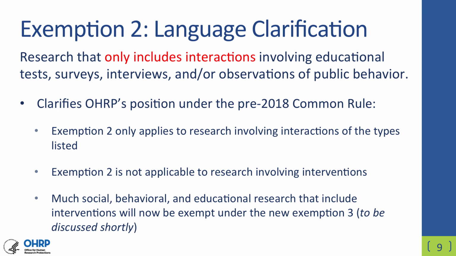And that position is that Exemption 2 only applies to research involving interactions of the types that are listed therein. Exemption 2 generally is not applicable to research involving interventions. However, much of social, behavioral, and educational research that includes interventions will now be exempt under the new Exemption 3, which will be discussed shortly.